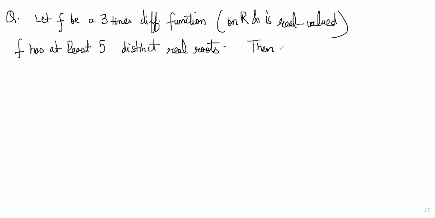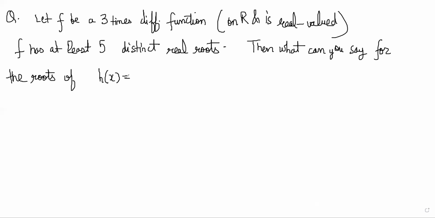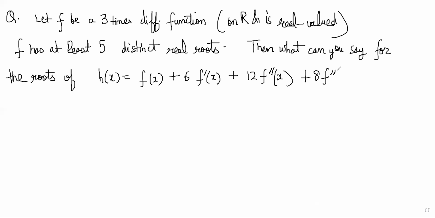Then what can you say? Which option is correct? Basically, what can you say for the roots of h of x is equal to f of x plus 6 f dash x plus 12 f double dash x plus 8 f triple dash x. The options are these. h of x has no real roots.